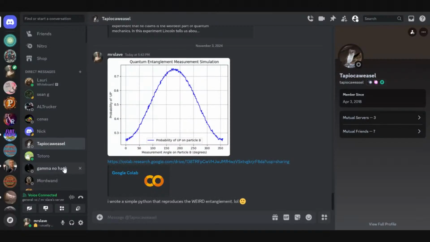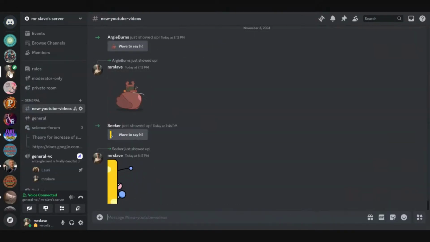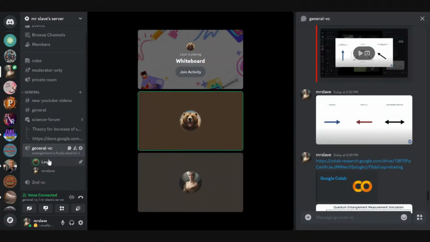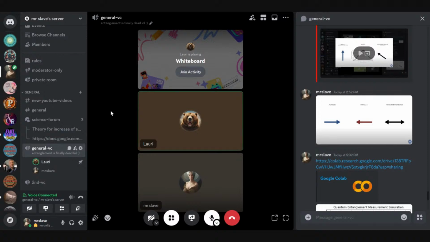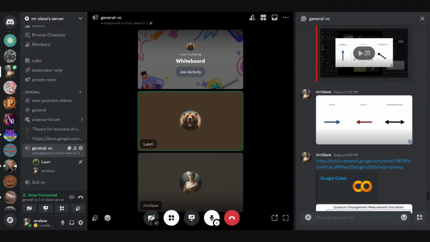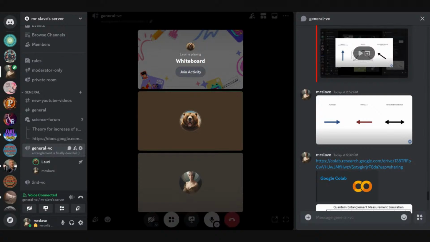Before we go, you said that when we measure the angle difference, that's not a difference between the angle of the spin of the first particle and the angle of the spin of the second particle, but it's the difference between the spin of the other particle and the device.